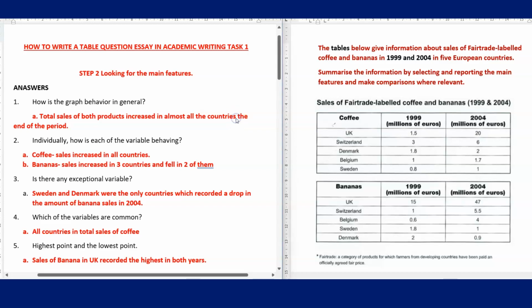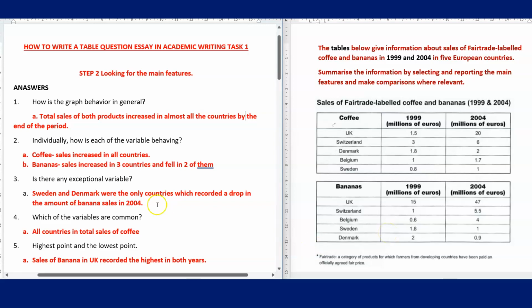So that is very important. The total sales of both products increased in almost all the countries by the end of the period. Okay, so we can see all of them increased except for Sweden and Denmark. That's why we said almost all.